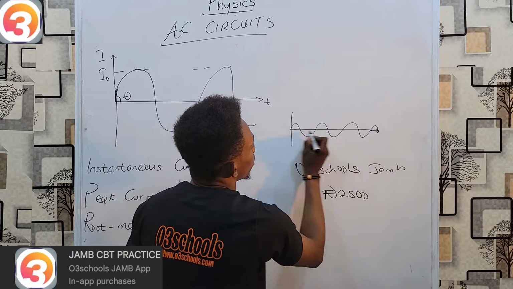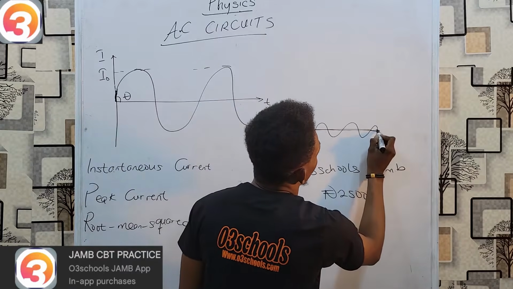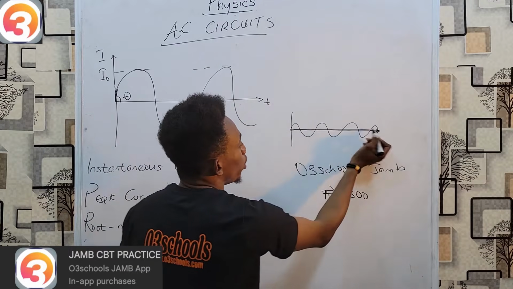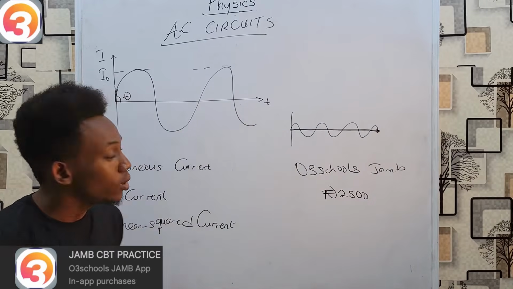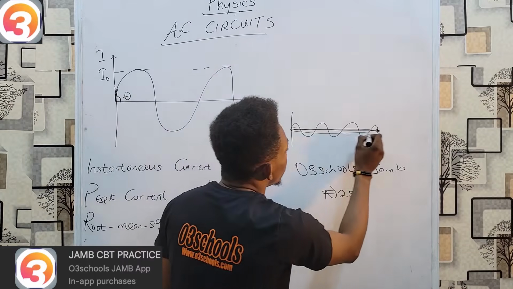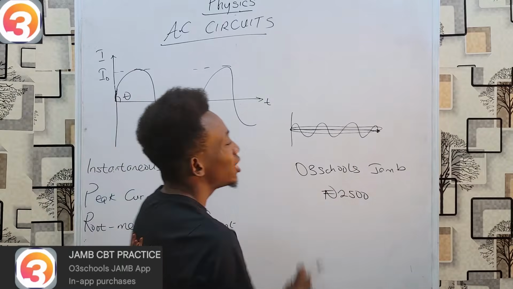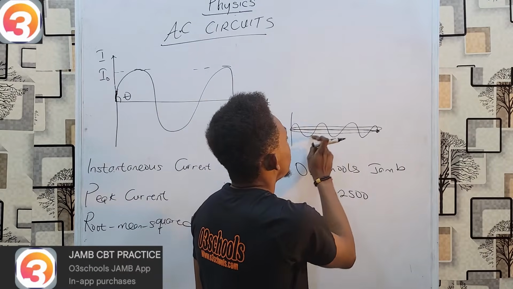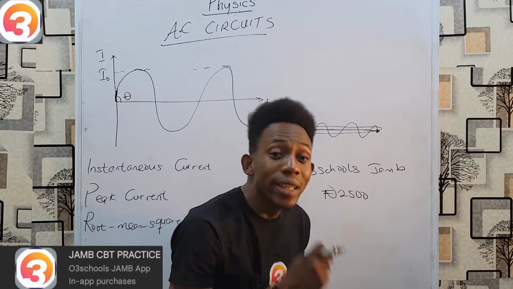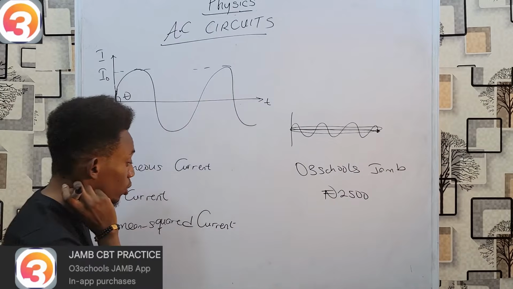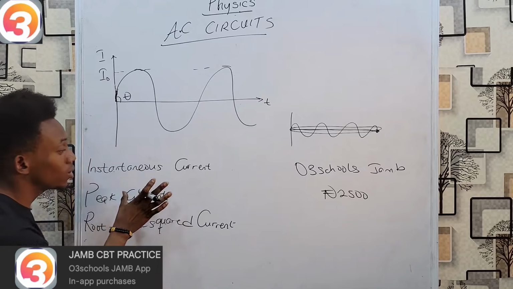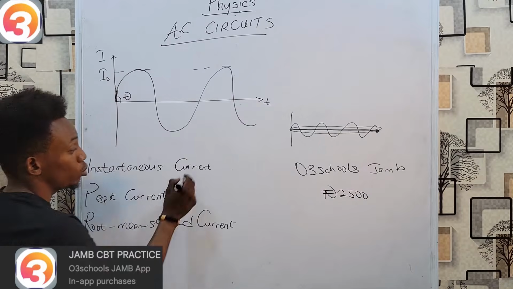At the end of the day, this direct guy will get here and you alternating will also get there. This is the root mean square current, that direct value that has the same effect as this alternating one in the same amount of time. So these are three of the important concepts that we must know.